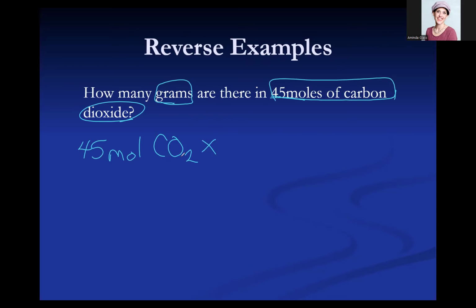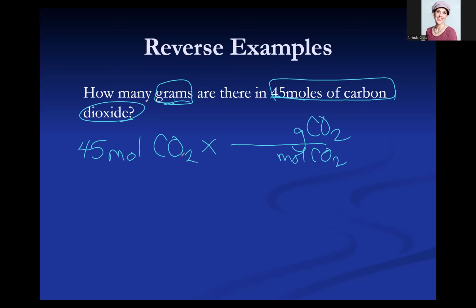We can go straight from moles to grams because if we know the molar mass, we know how many grams are in 1 mole. I want grams of CO2, so that's going to go on top. My moles of CO2 need to cancel out.